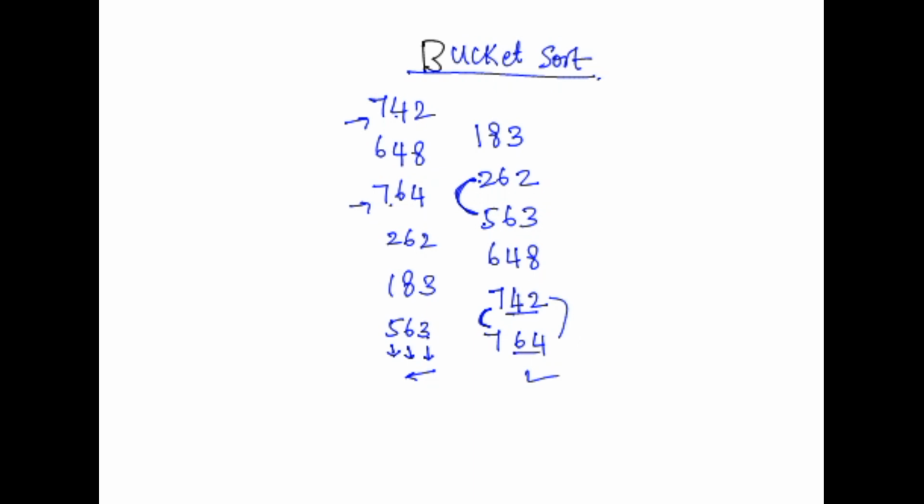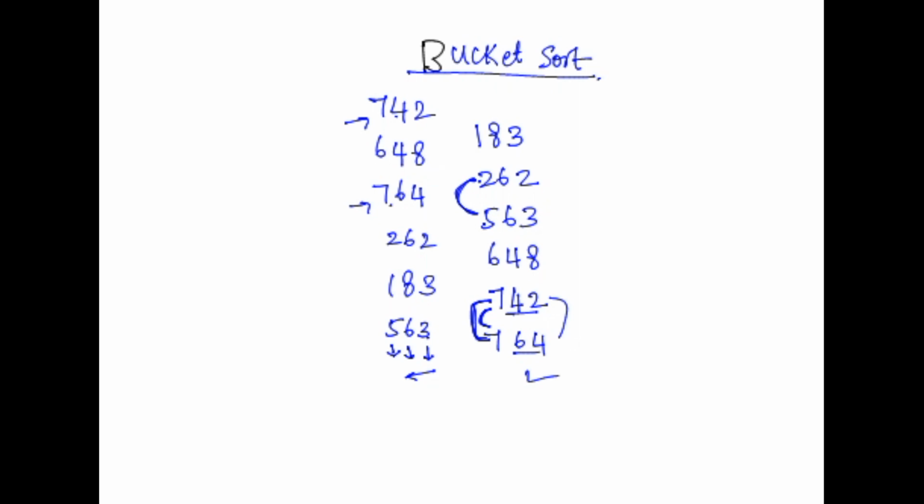So after this partition, this distribution, you only consider the numbers where the first digits are all same, and you only need to sort them and then concatenate with the rest of the list.